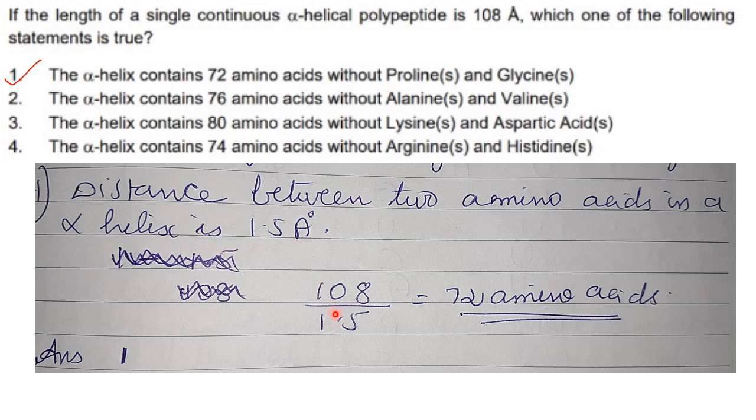So 108 divided by 1.5 will give you 72 amino acids, and that gives the answer as option 1. The alpha helix contains 72 amino acids without proline and glycine. If proline and glycine are there, there would be helix breakers. So proline and glycine are usually not found in the alpha helix.